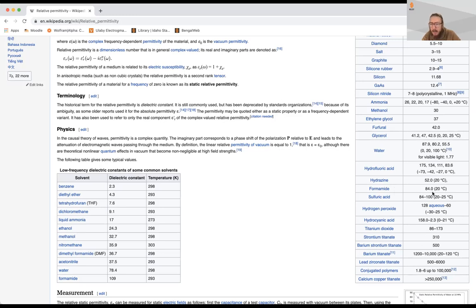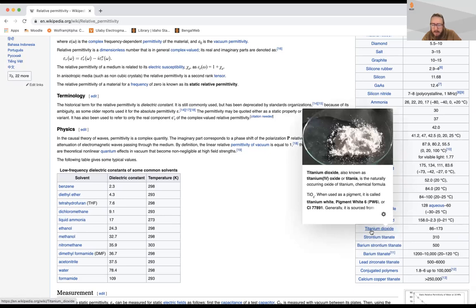So a lot of these high ones are liquid objects, and that's something to note. Some of these other ones, I believe this is a powder. So just by looking at this table, you might notice that there's not a lot of things with a high dielectric constant that are powders or solids.